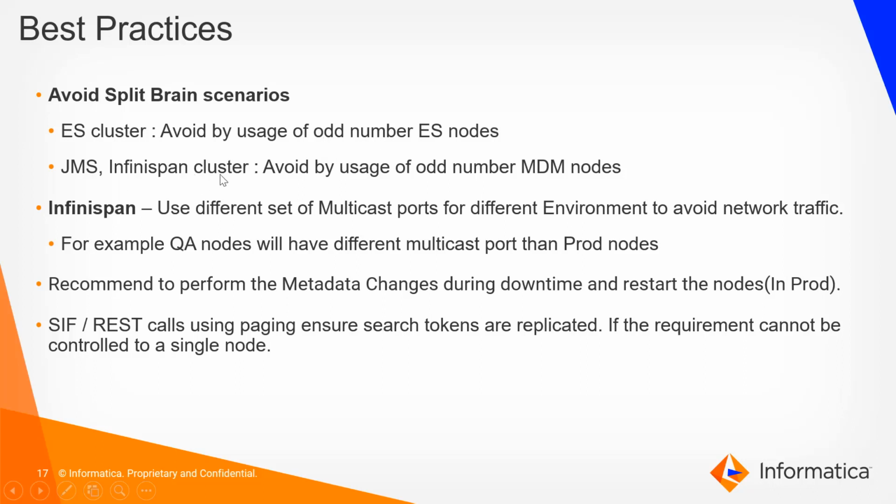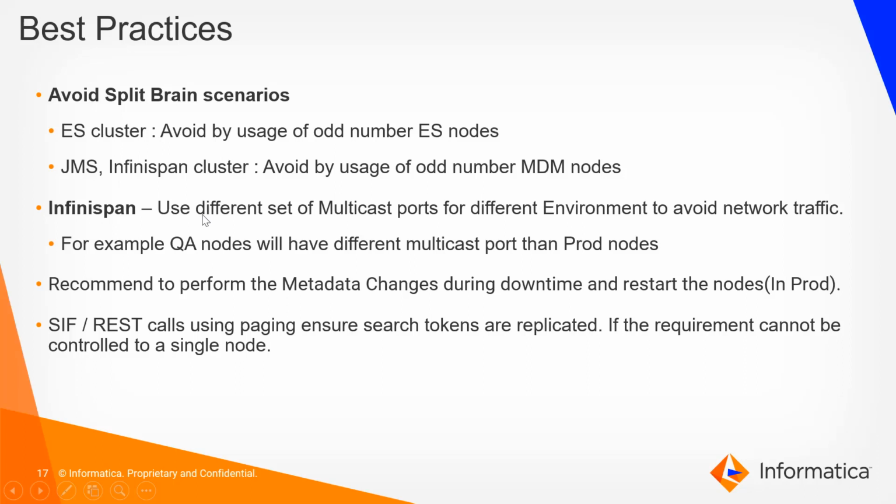Similarly, for JMS in Infinispan clustering, if it could be an odd number of app server nodes, then there will not be any split brain scenario happening, because even if the nodes' communication doesn't happen, at least two have to be available all the time if it's a 3-node cluster, and it will not lead to the split brain scenario.